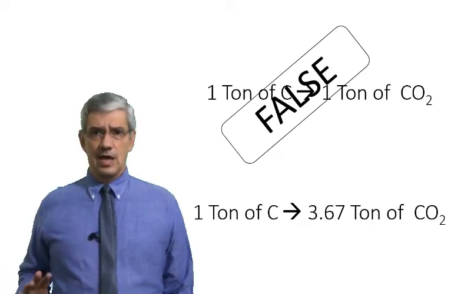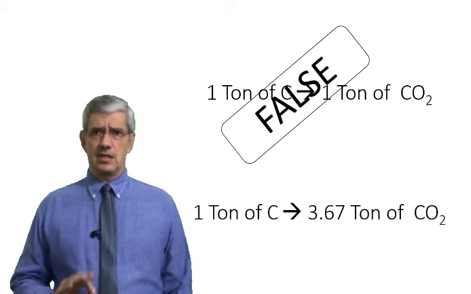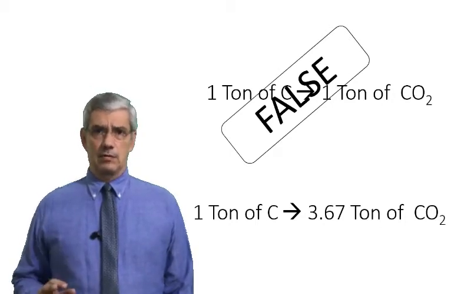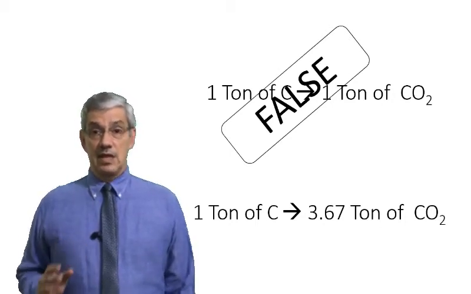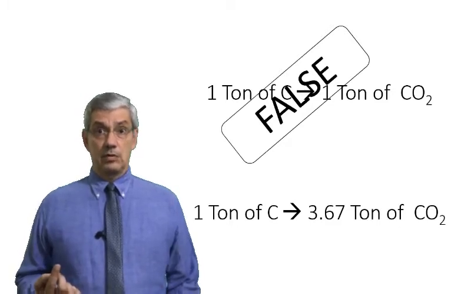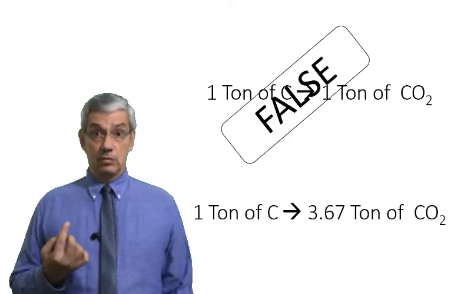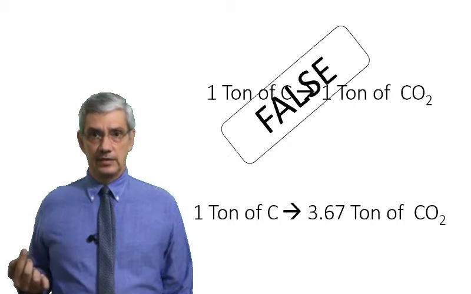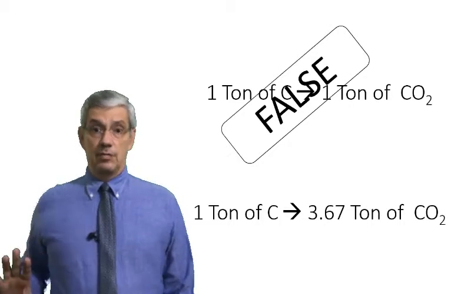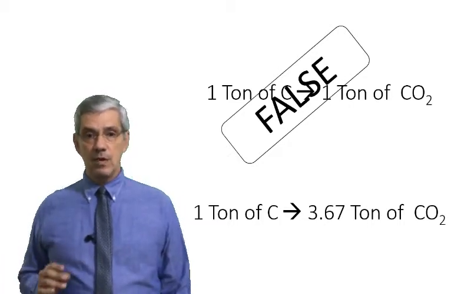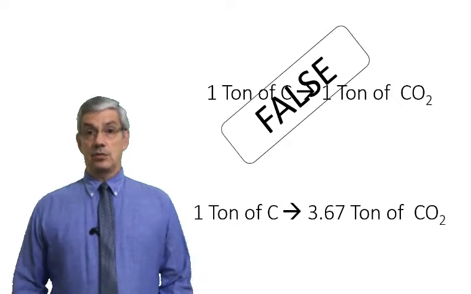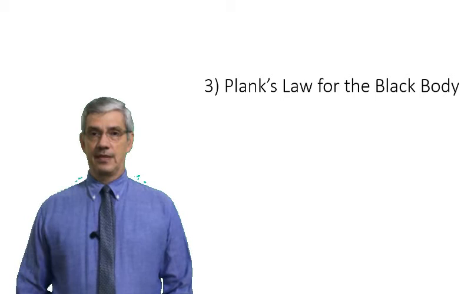However, the amount of those gases is very small, so this last error is a forgivable error. But saying that 1 ton of carbon in the atmosphere is the same thing as 1 ton of carbon dioxide is an unforgivable error.